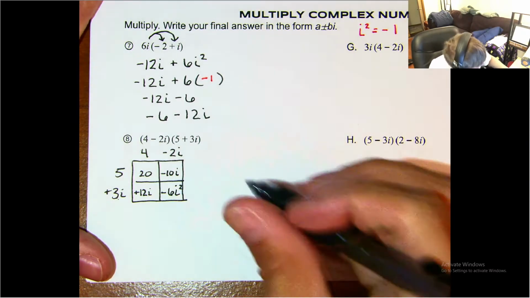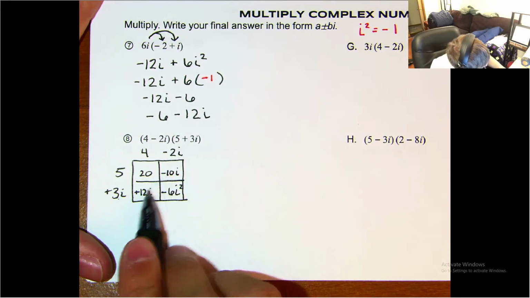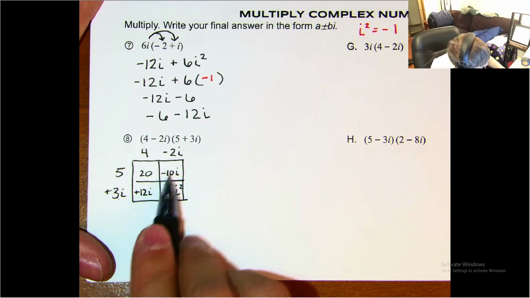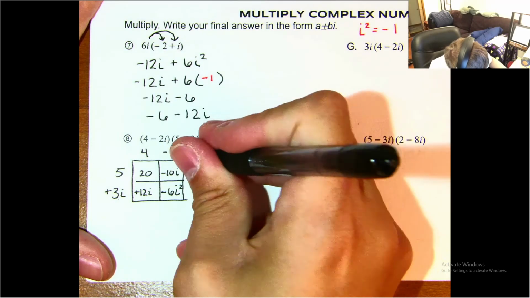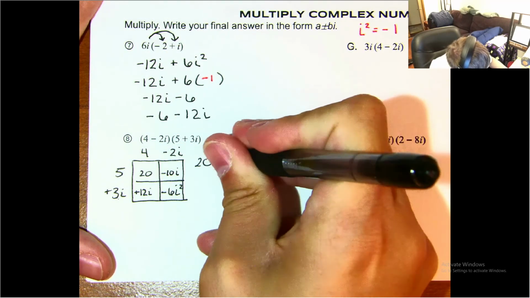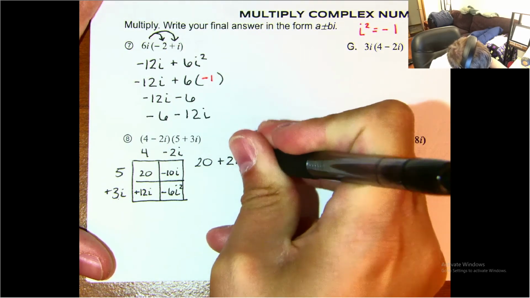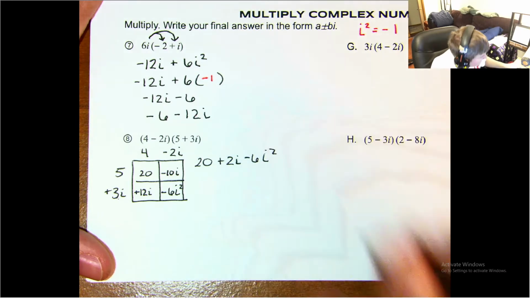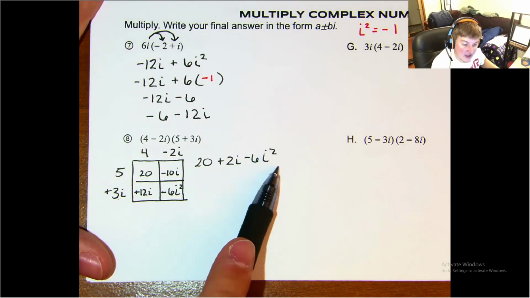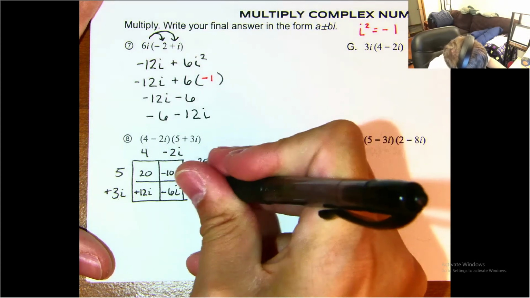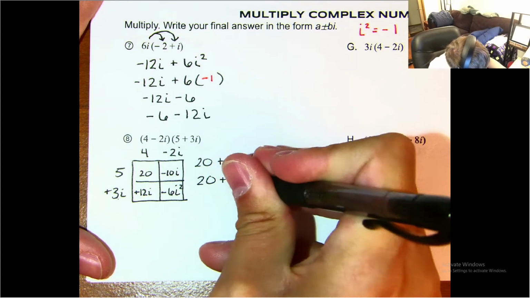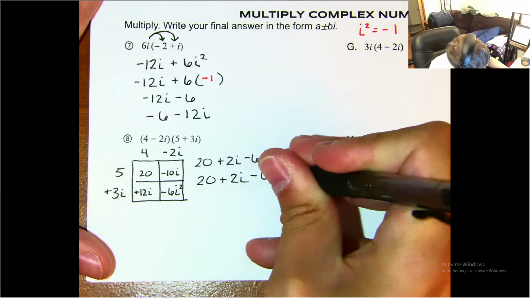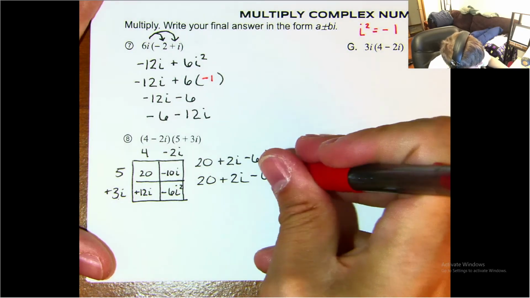Okay, so then we can combine these two parts together into a positive 2i. So I get 20 plus 2i minus 6i squared. But again, I know the value of i squared. So this is going to be 20 plus 2i minus 6 times negative 1.